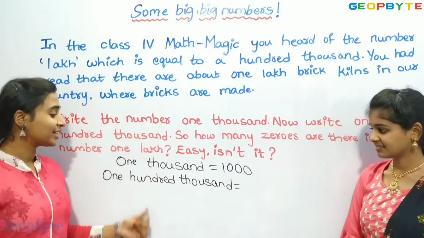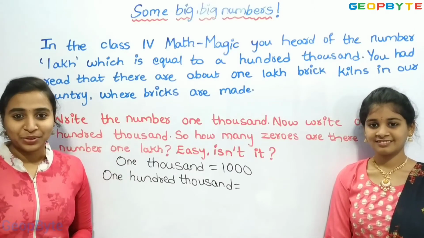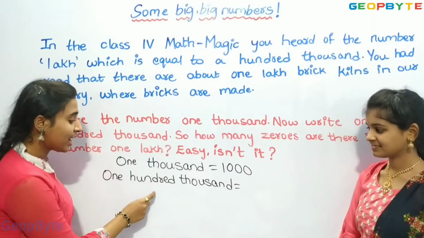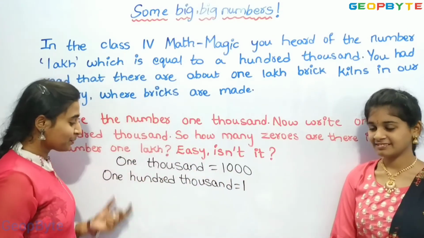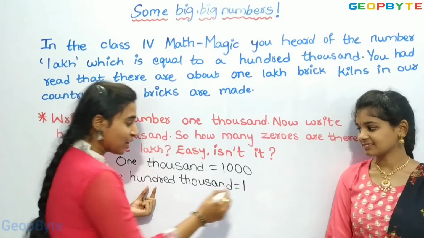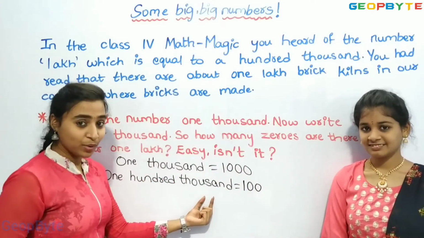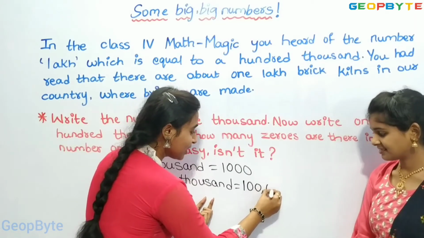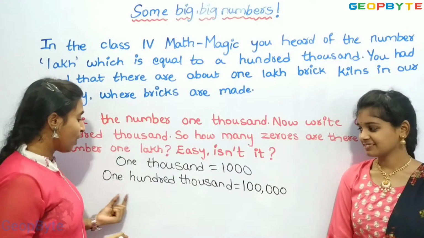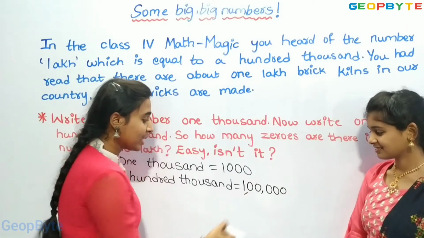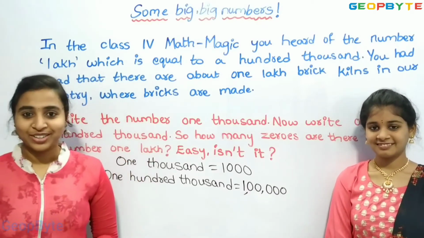Then for 100,000 we will have 5 zeros because 100,000, that is, write 1 first. 100, for 100 we will have 2 zeros and 1000 will have 3 zeros. So 100,000 has 5 zeros.